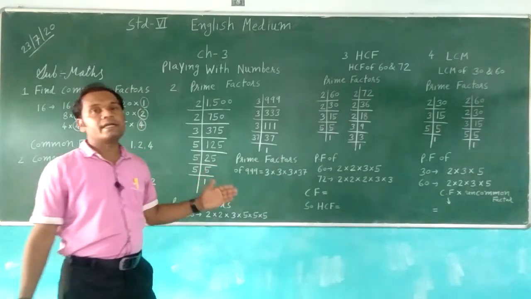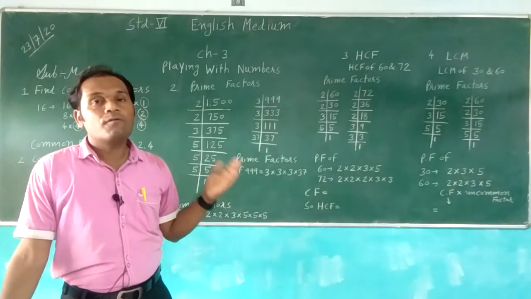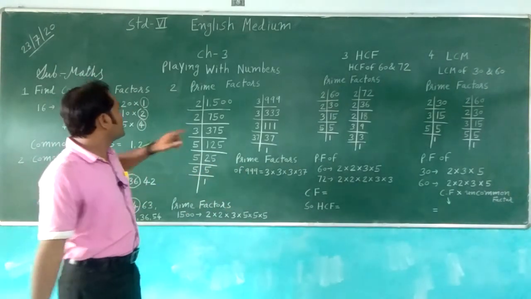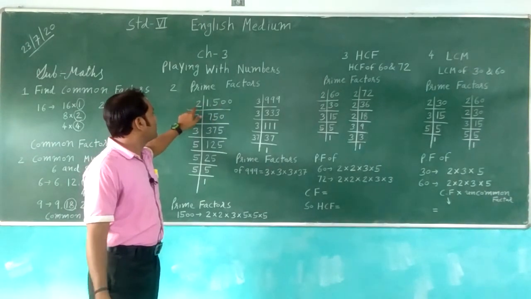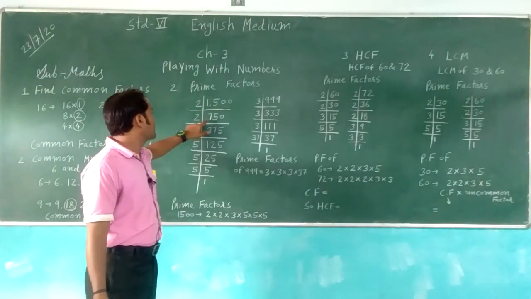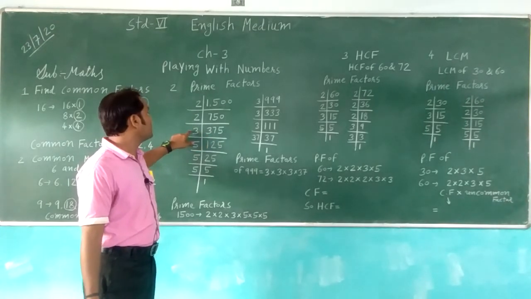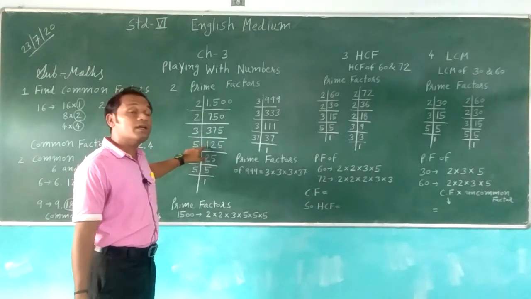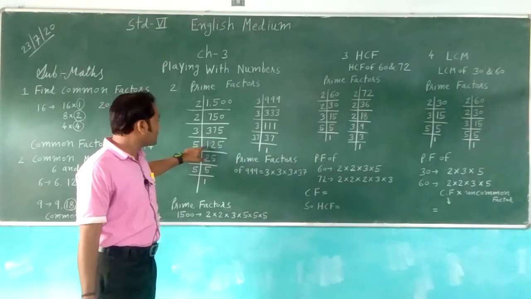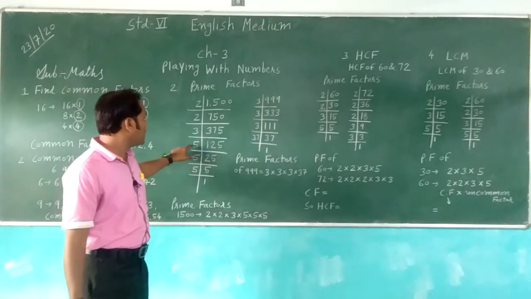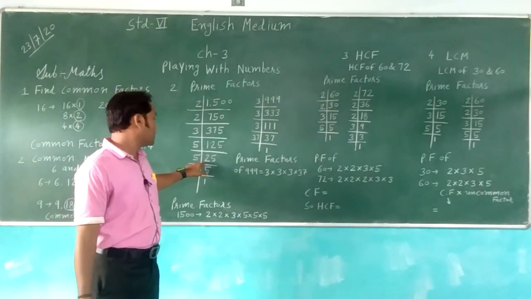In short, we get 1 at last. So here you can see 1500 divided by 2 is 750, 750 divided by 2 is 375, 375 divided by 3 is 125, 125 divided by 5 is 25.